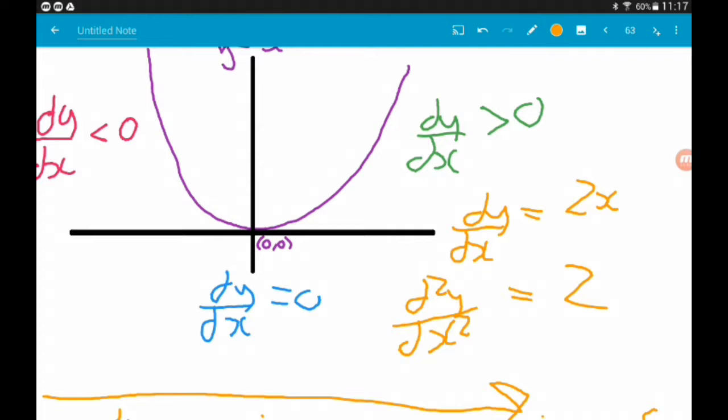So that tells us the second derivative is positive anywhere on the graph y equals x squared. So what that tells us is the gradient is always increasing wherever you are on the graph. Most importantly though, it tells us at the stationary point the second derivative is positive, so the stationary point is a minimum.